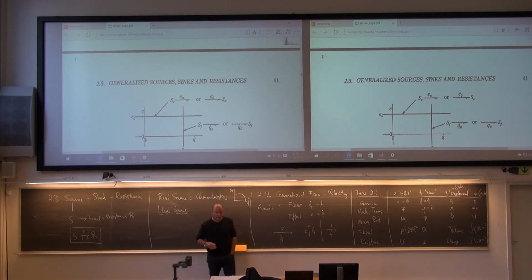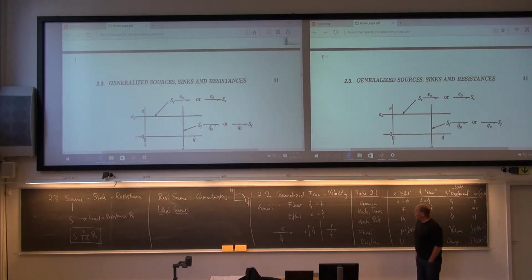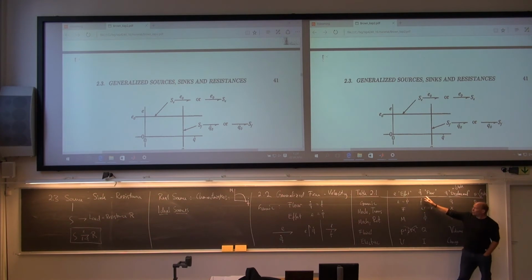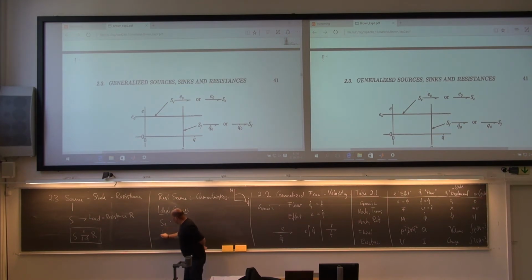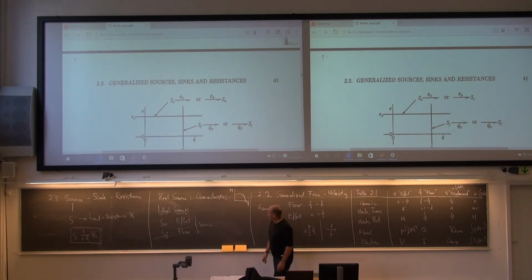Ideal sources. And we have two types of ideal sources. One source will be an effort source, another will be a flow source. So we differ between those two. SE, that is an ideal effort source, while an SF is a flow source. And how would they look in the same diagram?